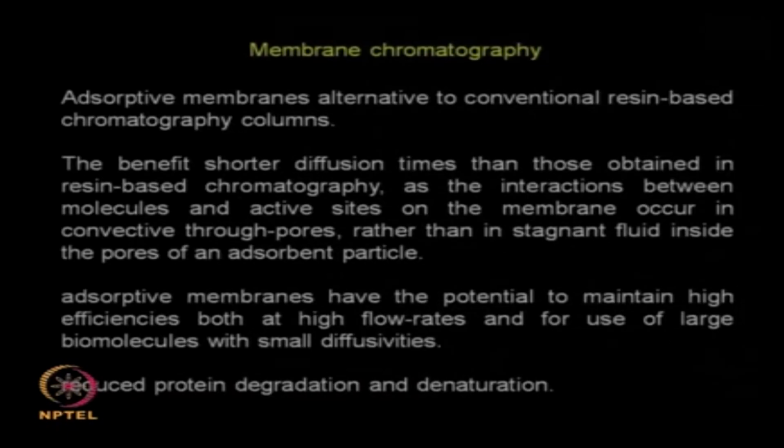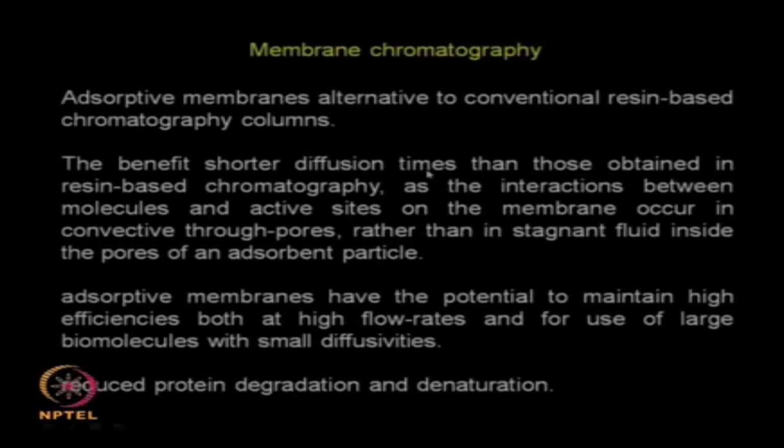investigated. Another area where membranes have come into being, I would call it much more recent, is the membrane chromatography. Unlike the normal solution based chromatography. Okay. So membrane chromatography, it is an alternate to conventional resin based chromatography. So what are the benefits?